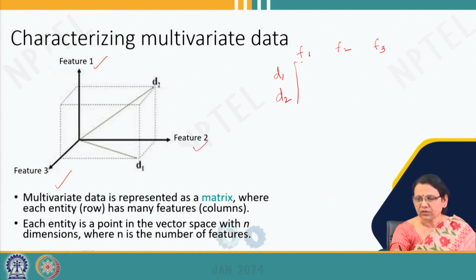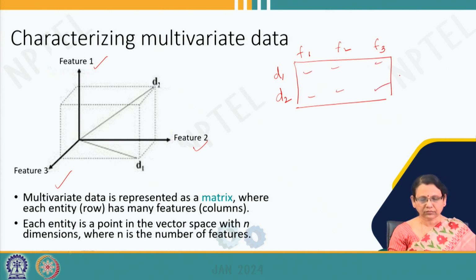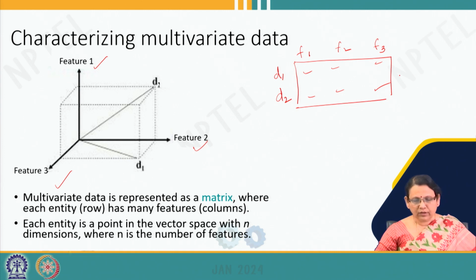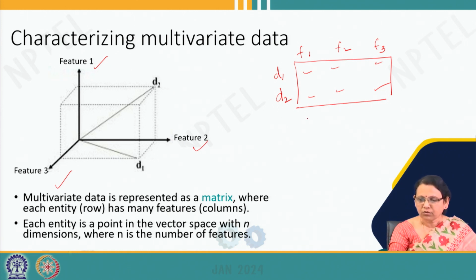Putting these values, what we get is a matrix. In this data matrix, our aim is to represent these features in some manner.